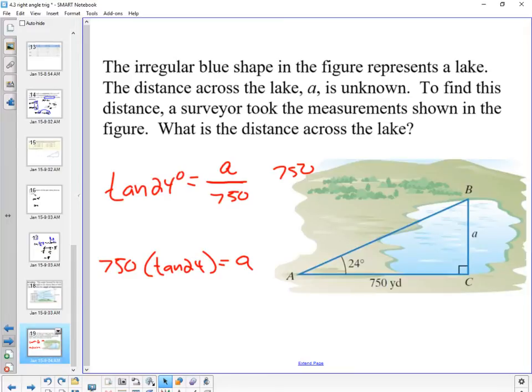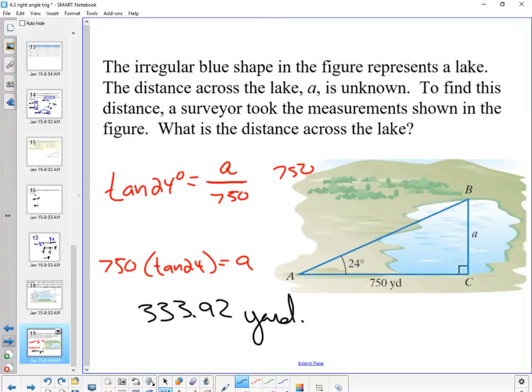I'm in radian mode, so I'm going to have to switch over to degree mode. The answer is 334, in yards.